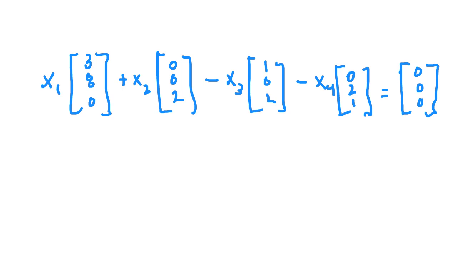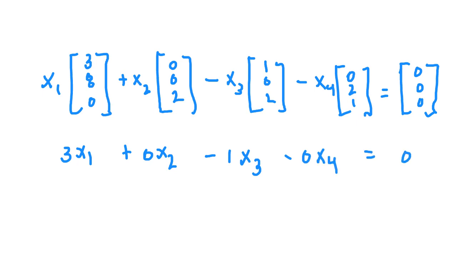So we want to express this vector equation as a linear system of equations and then generate an augmented matrix. So we want all the variable terms on the left side. We would have then 3x1 plus 0x2 minus 1x3 minus 0x4 equals 0.